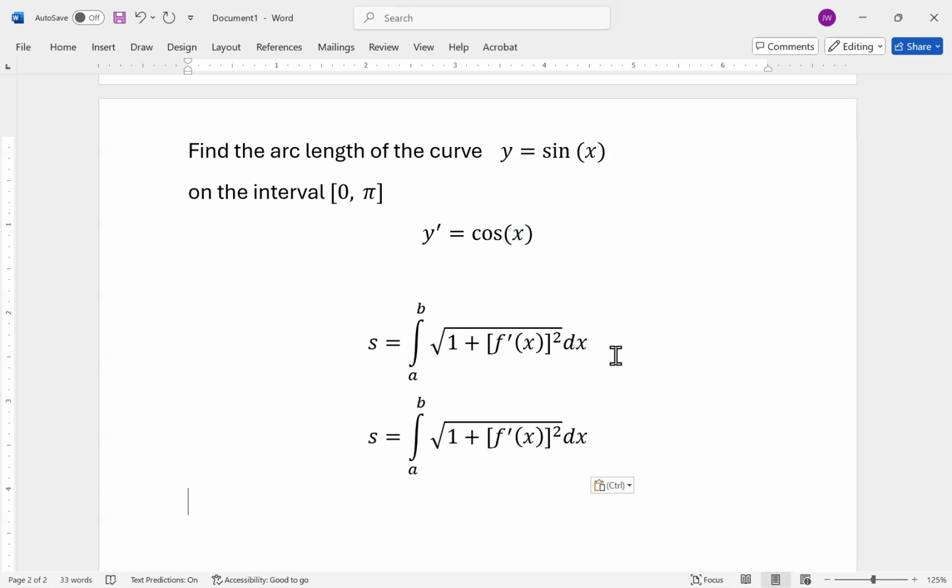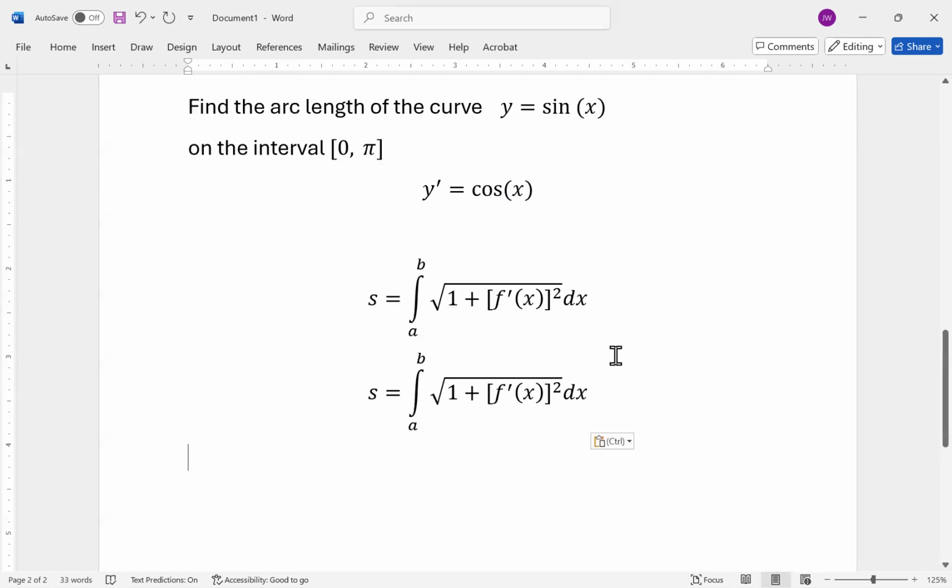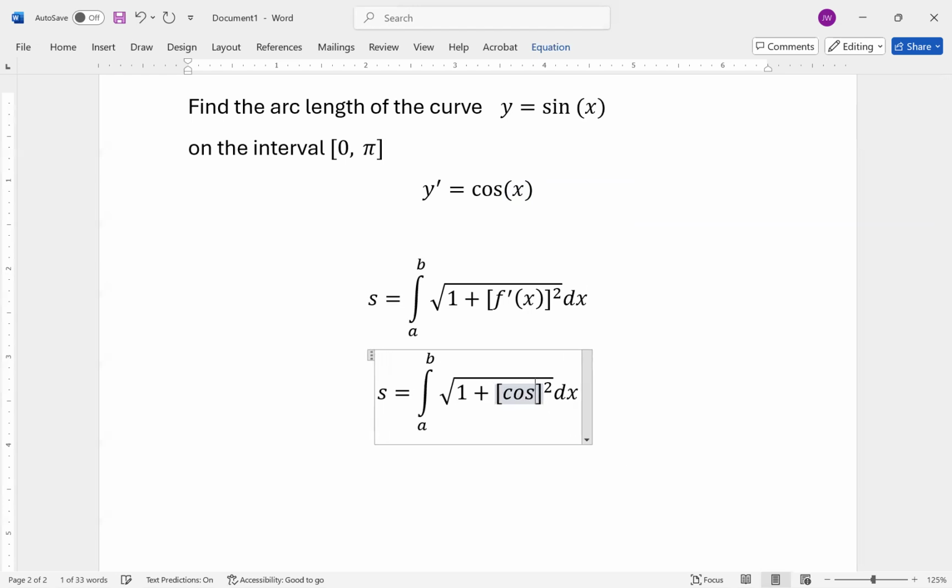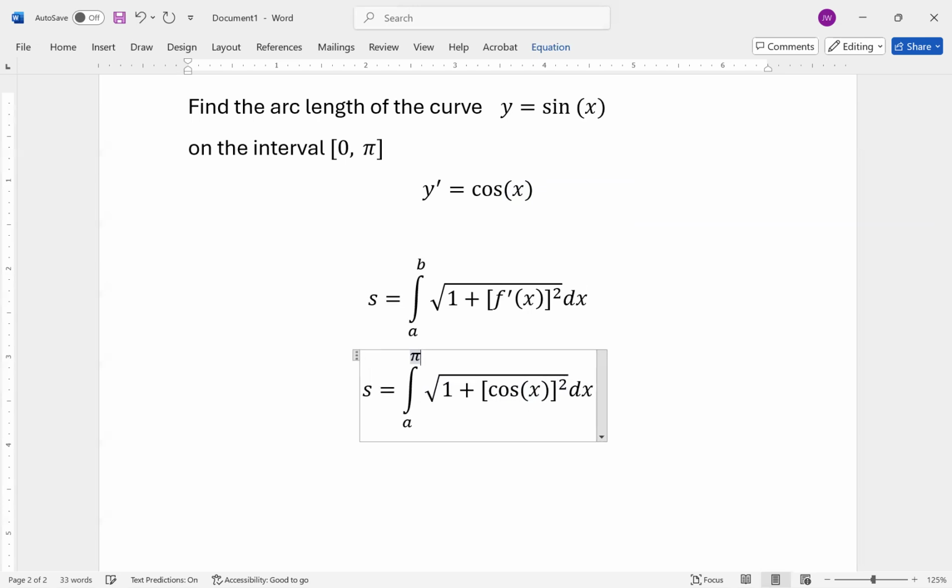And now I'm ready to set up my integration. The derivative of my function is cosine of x. I'm going to square that, then add 1, then take the square root, and integrate that from 0 to pi.